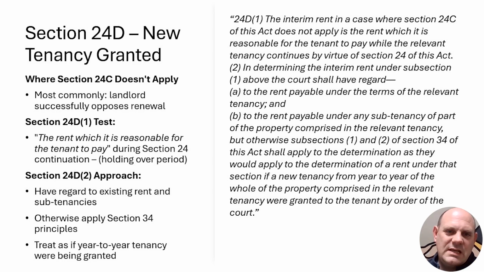Section 24D subsection 2 directs the court to have regard to the rent payable under the existing tenancy and any subtenancies, but otherwise to apply Section 34 principles as if a year-to-year tenancy of the whole property was being granted. Now, this approach generally results in an interim rent that's slightly lower than full market rent for a new term certain, reflecting the temporary and uncertain nature of the holding over period.